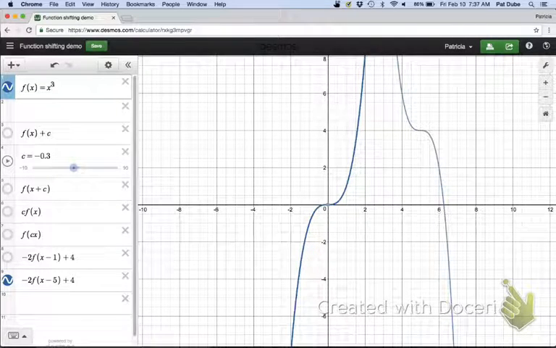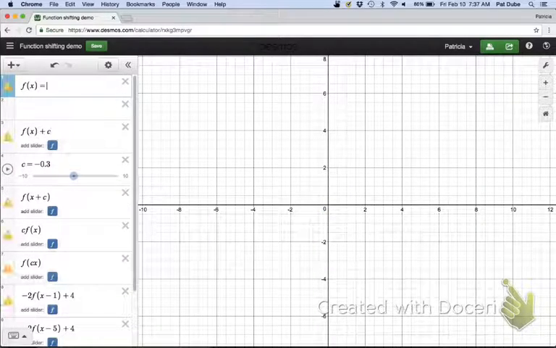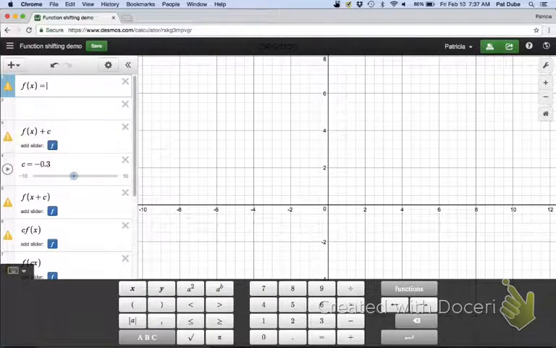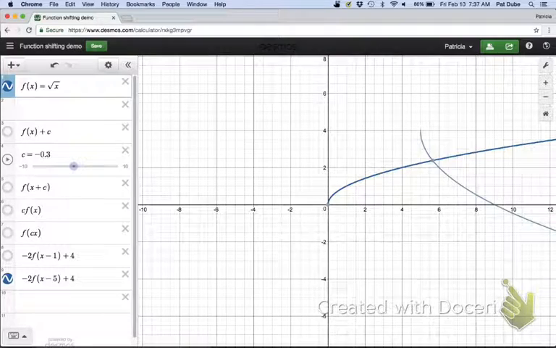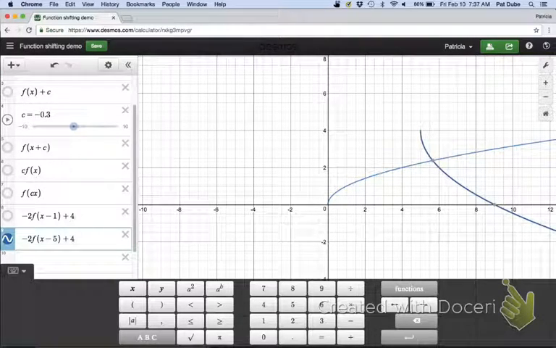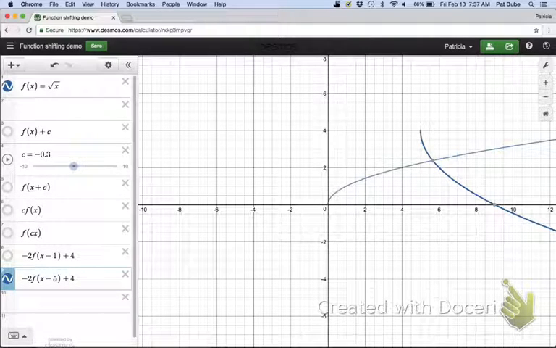Notice it remains the shape of the original function. If I do square root of x, which I think is obtainable down here, here's my original square root of x function, and now I'm looking at this fancy function there, but I could also just play with the slider.